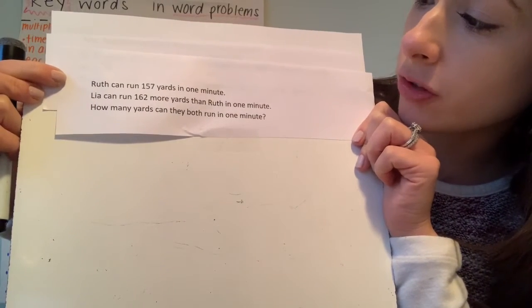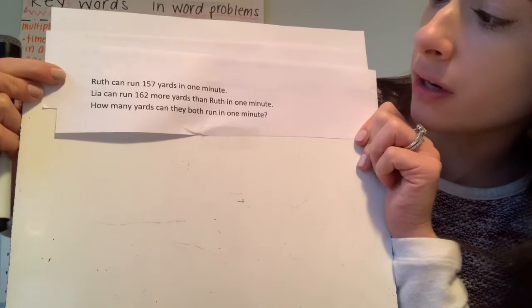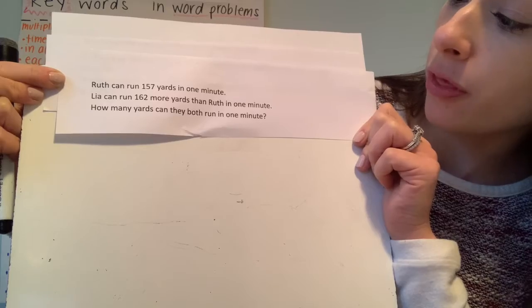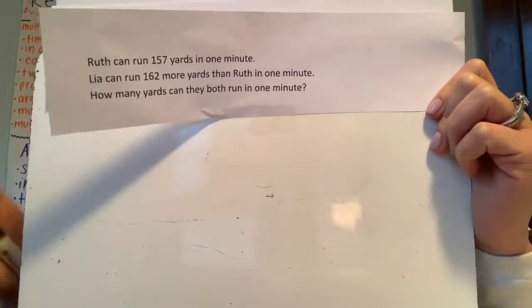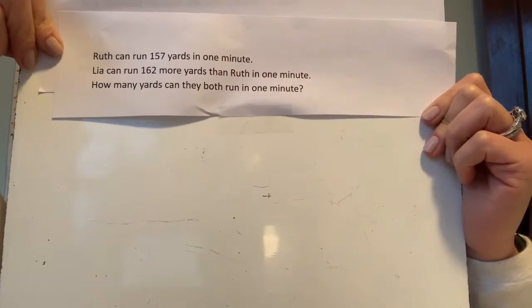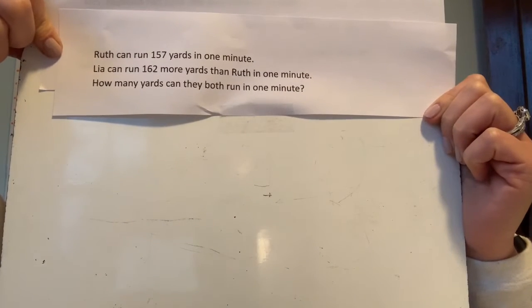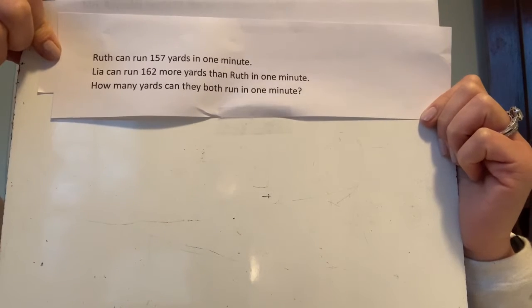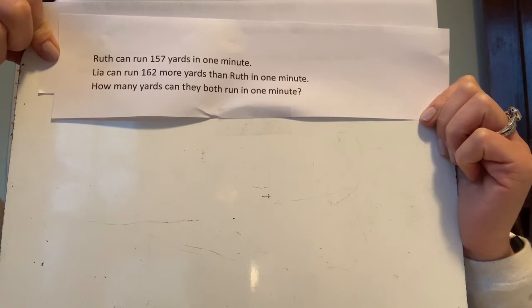Leah can run 162 more yards than Ruth in 1 minute. How many yards can they both run in 1 minute? So if you want, you can pause this video and take out a piece of scrap paper and try to solve this. Or you can just stay on and we will solve it together.